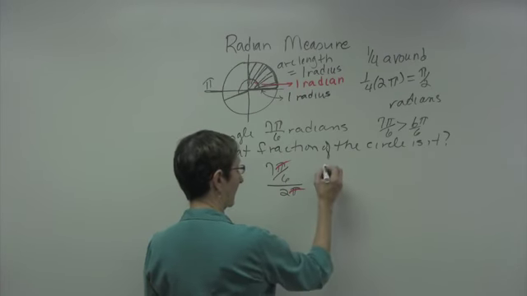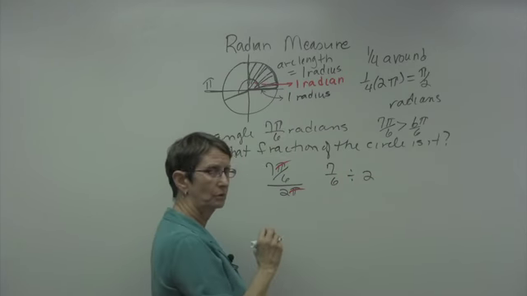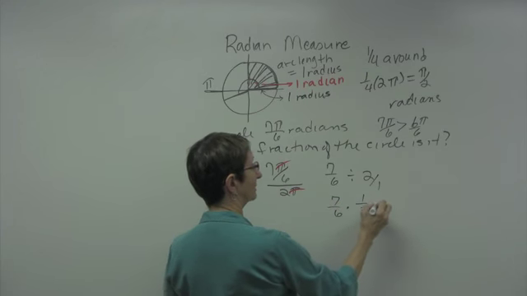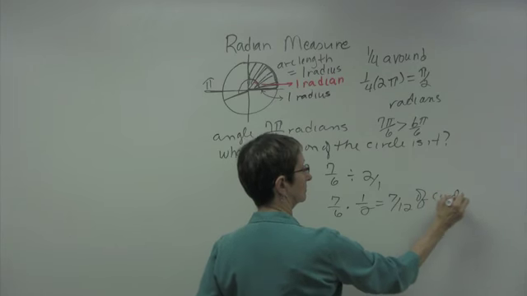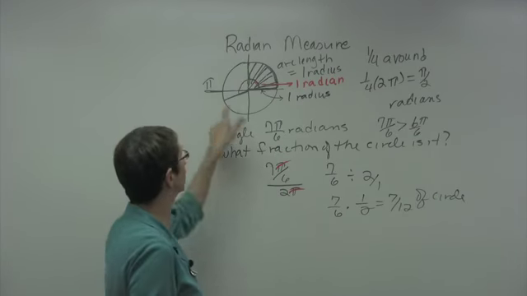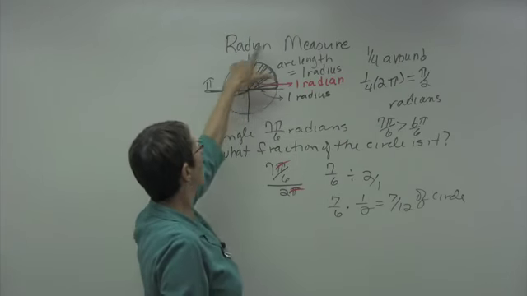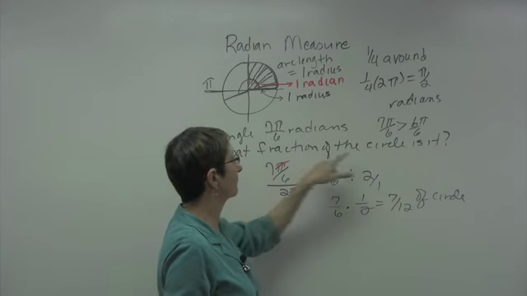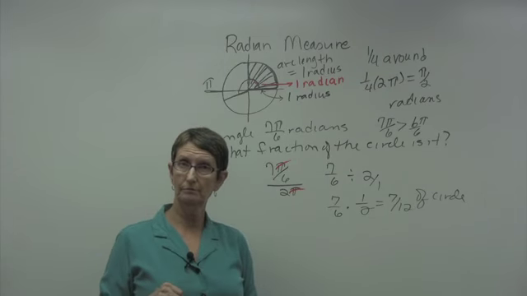And so if I have 7/6 divided by 2, 2 over 1, that is 7/6 times a half, which is 7/12 of the circle. So 7/12, 6/12 would be half. It's a little more than half. So there are various ways you can think about how much of the circle, how far around you go in radian measure, what fraction of the circle, or where it lies on the circle.